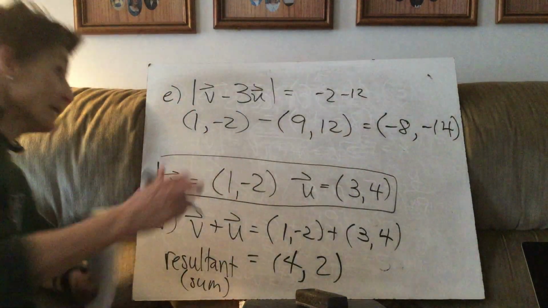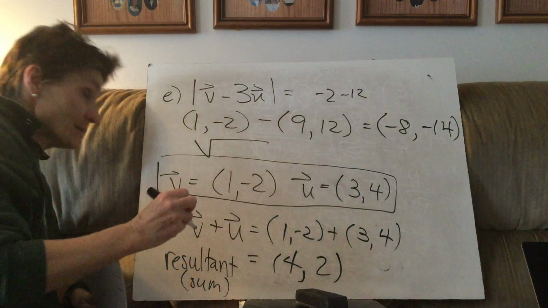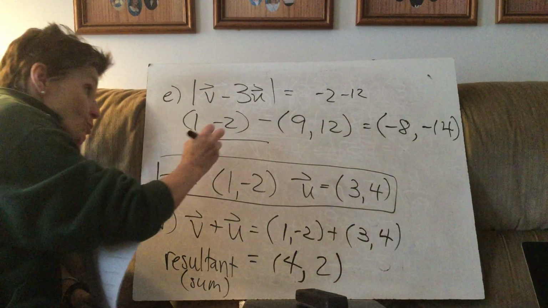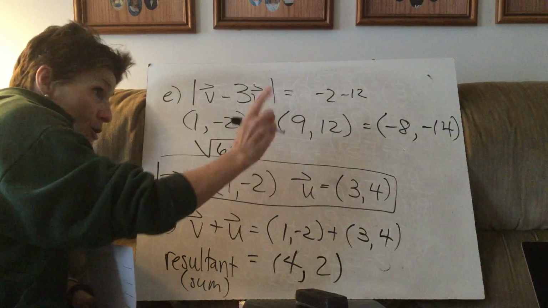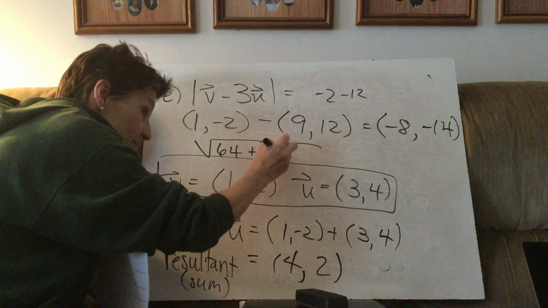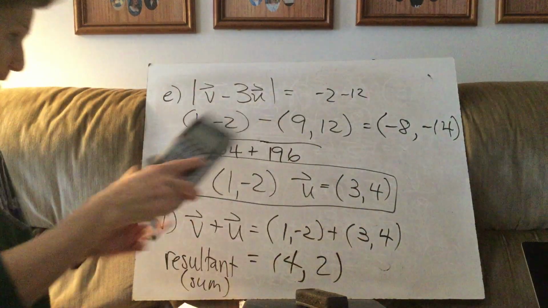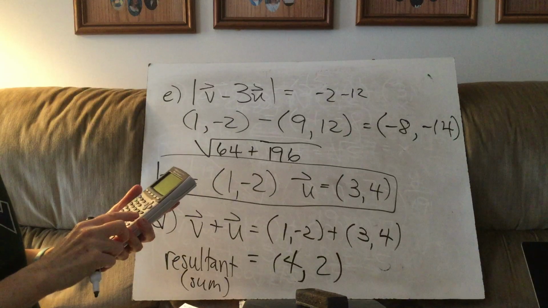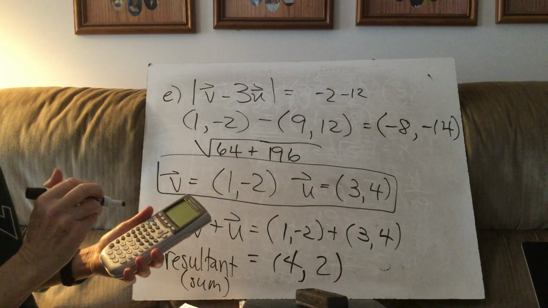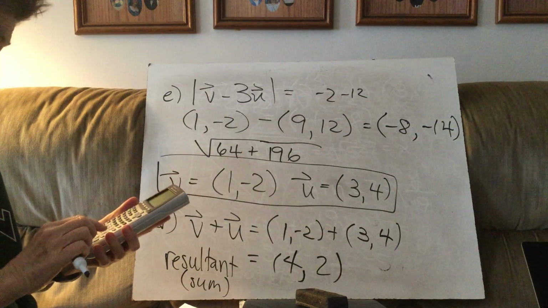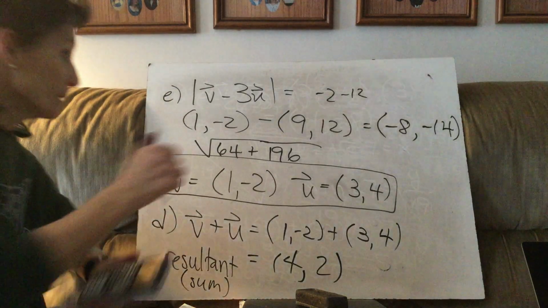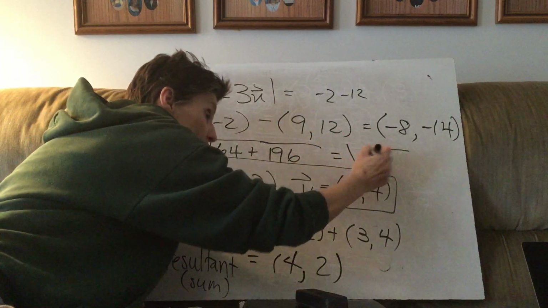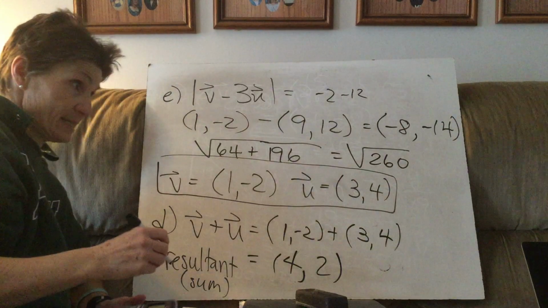Now, we still need the magnitude. So to do magnitude, we square the first one, square the second one, and remember, use your calculator if you need to. Add them together and take the square root. So it's the square root of 260.